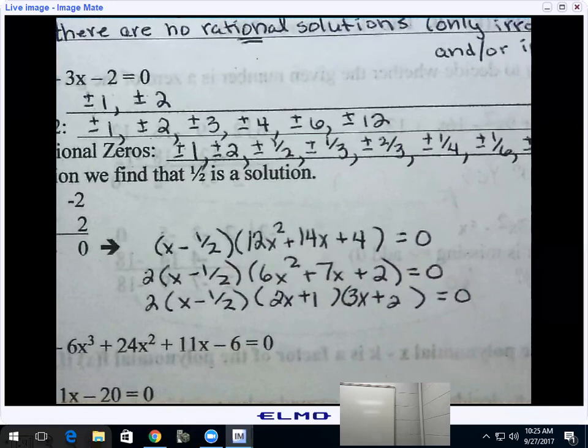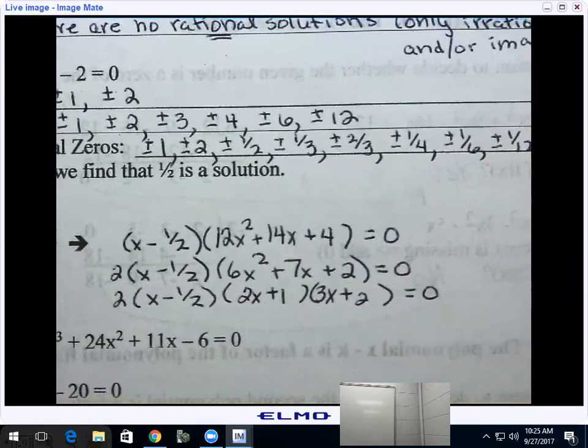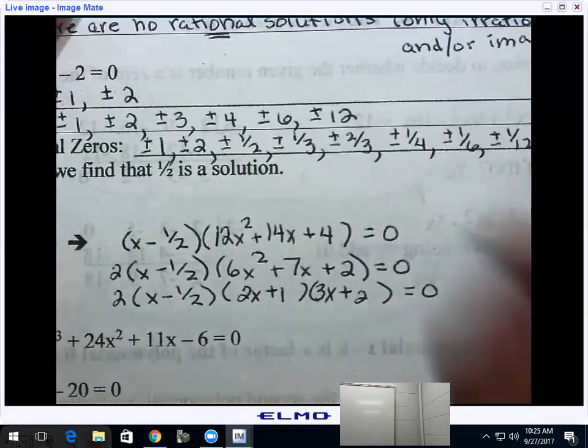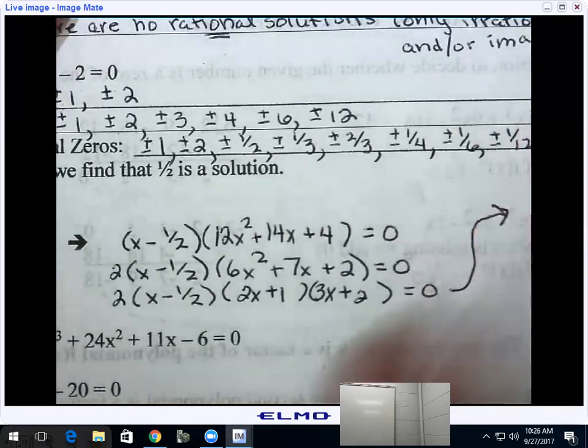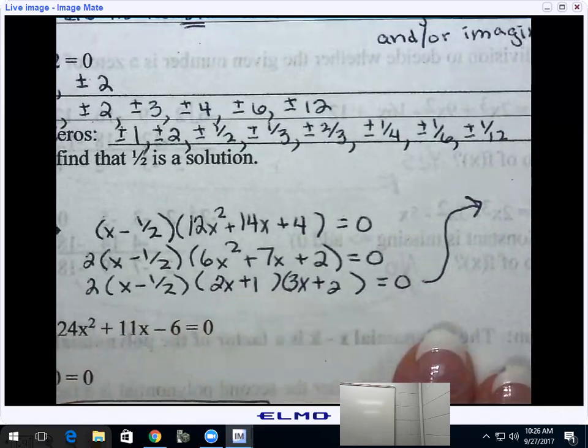But regardless of what method I choose, I'm not going any farther before I check that factoring. That's my 6x squared, that's my 4x plus 3x, and that's my 2. So it's factored correctly. Now that I have it factored as completely as possible, I can set each factor equal to 0.